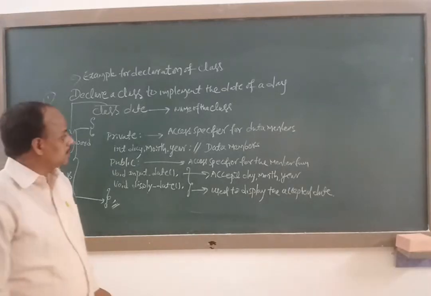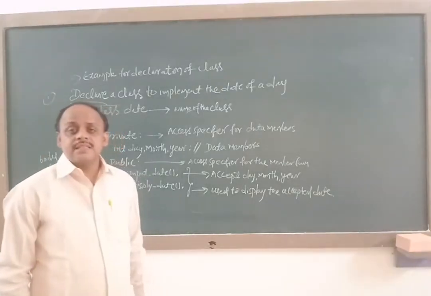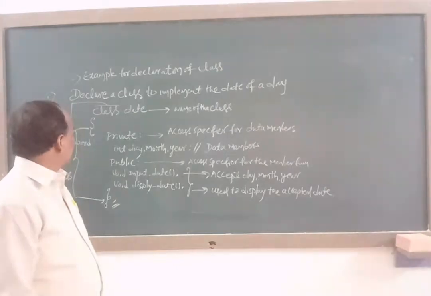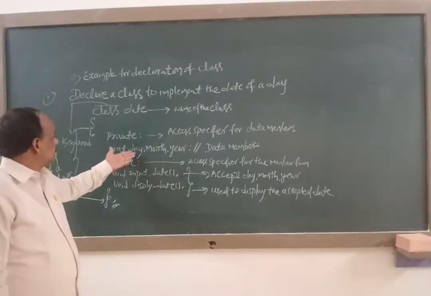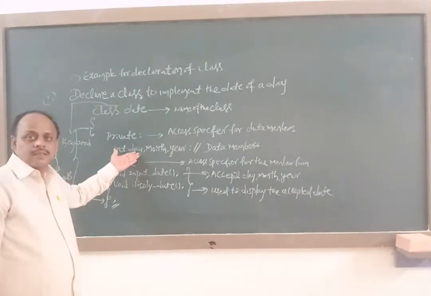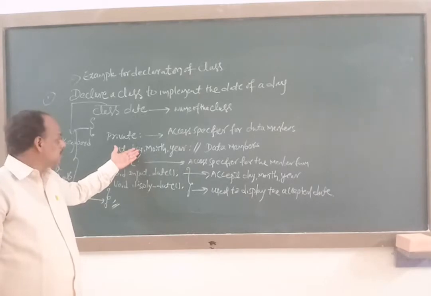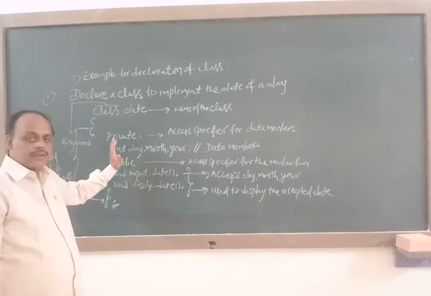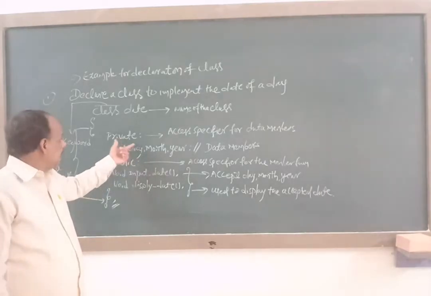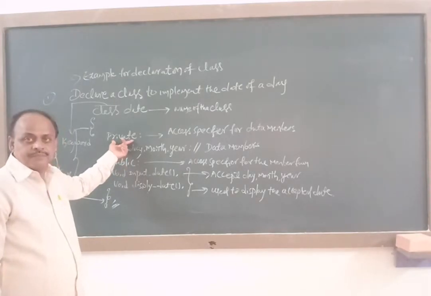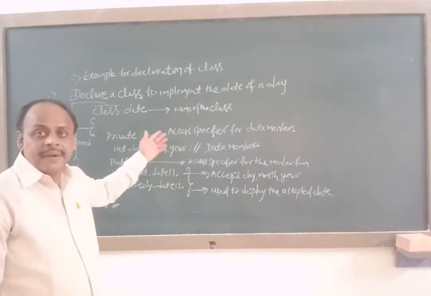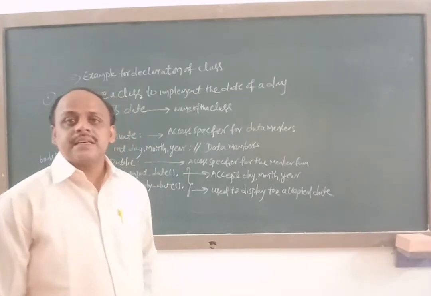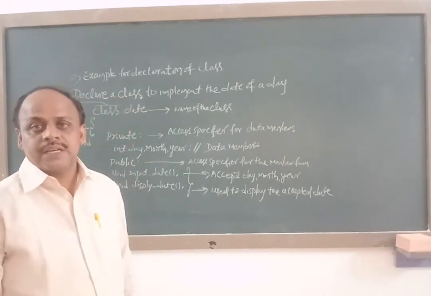What does it say? It says that the members in a class without any access specifier are by default considered as private.